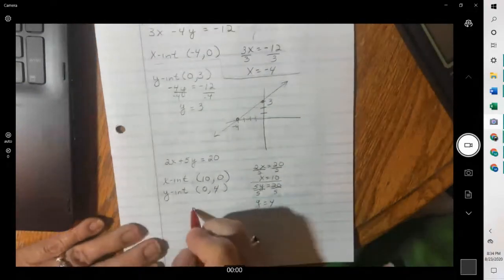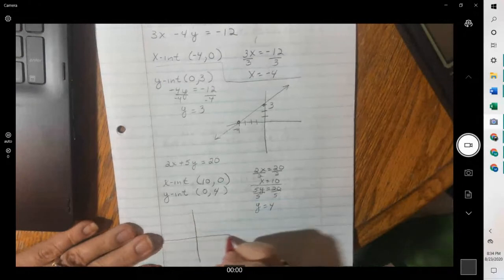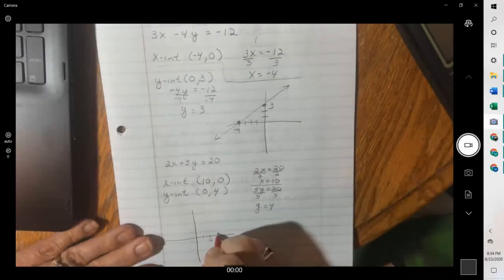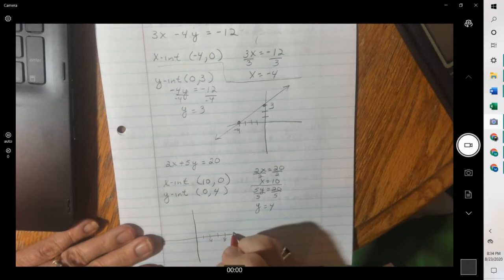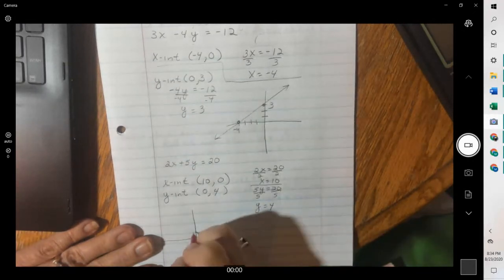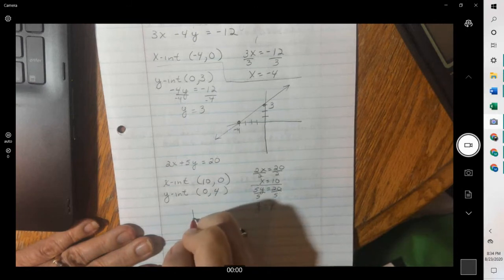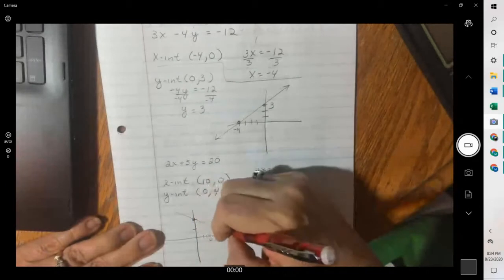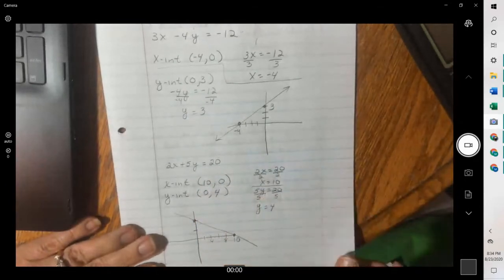Then you would just graph it: 2, 4, 6, 8, 10. So our x-intercept is 10. And then 2, 4, our y-intercept is 4. And we draw our line.